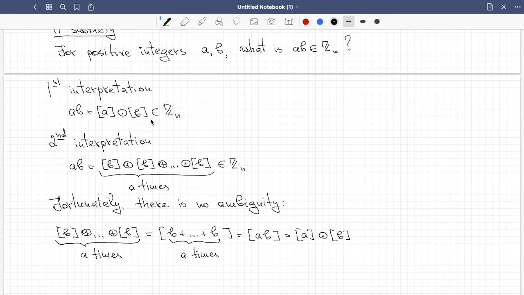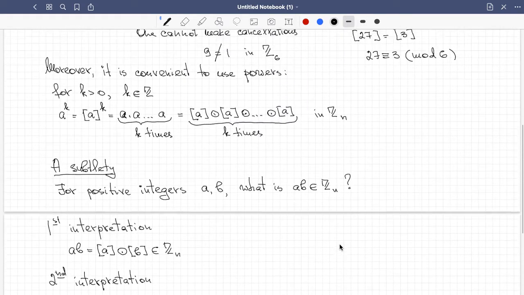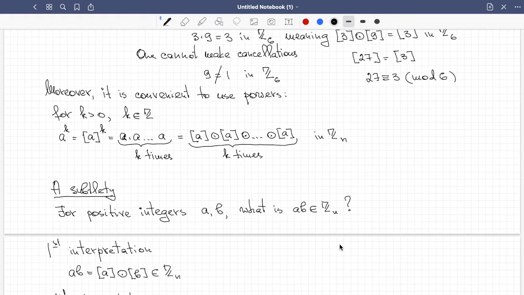This one and this one are actually equal. In contrast, we cannot think here about k as an element of Zn. We do a very similar thing, but here k is really an integer, not a congruence class.